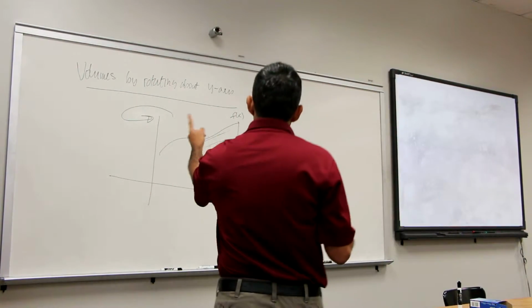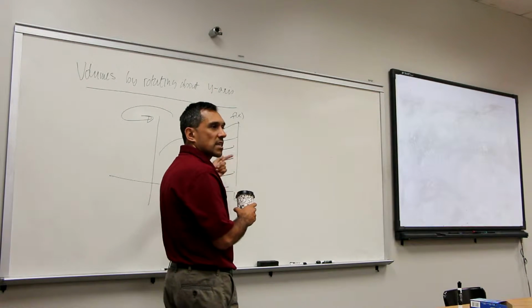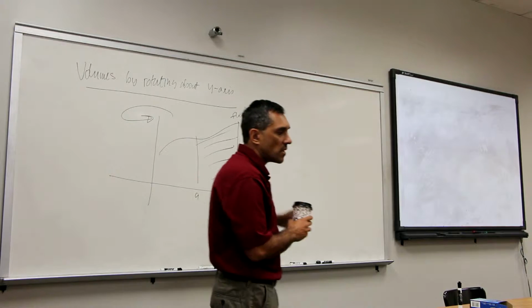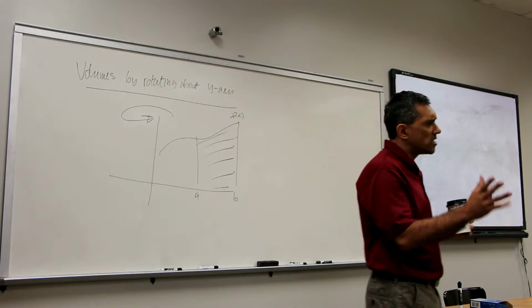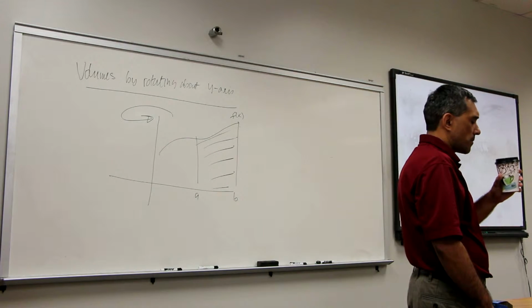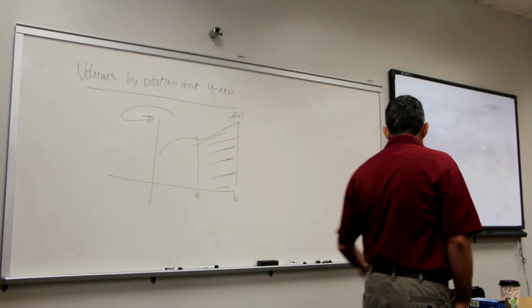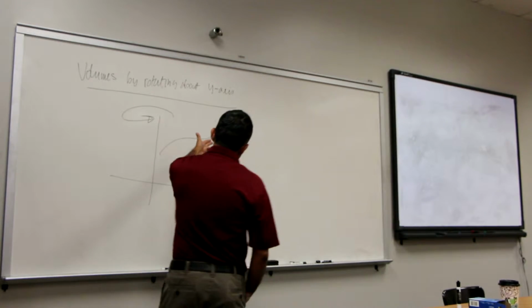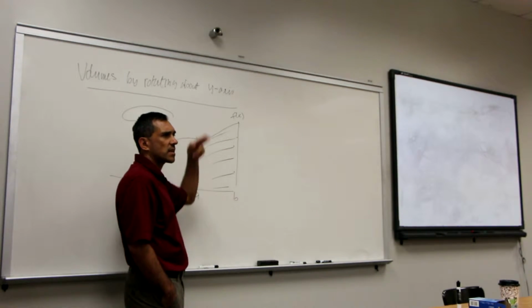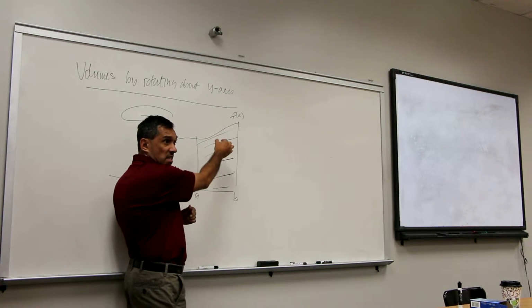That is to say, if you're rotating about the y-axis, you want to change the problem so that it's a matter of rotating about this axis. In general, sometimes you can do it and it's quite easy, but generally it's quite difficult. When you take this curve and rotate it about the x-axis, you look at these elements, which is a slice.